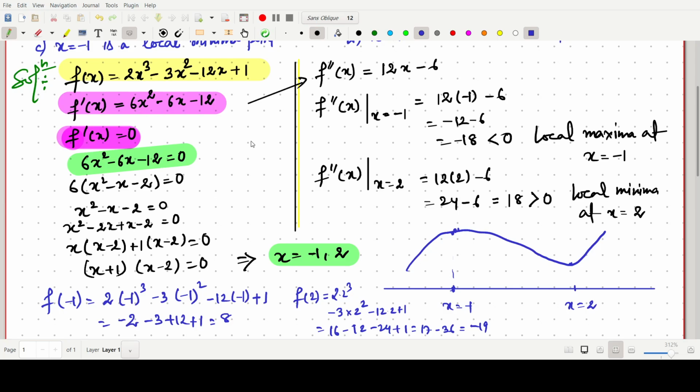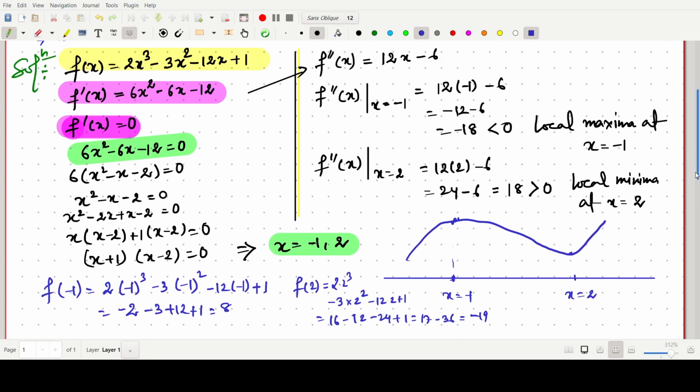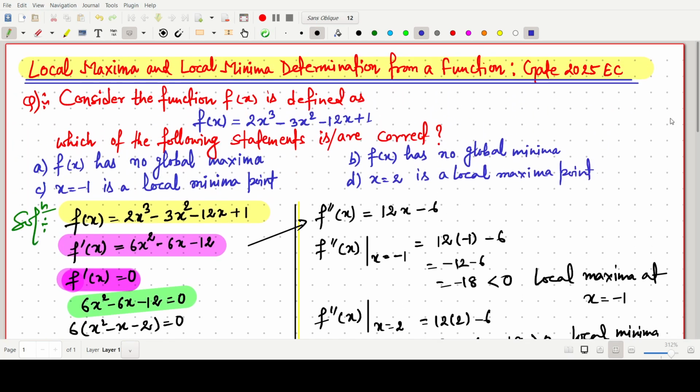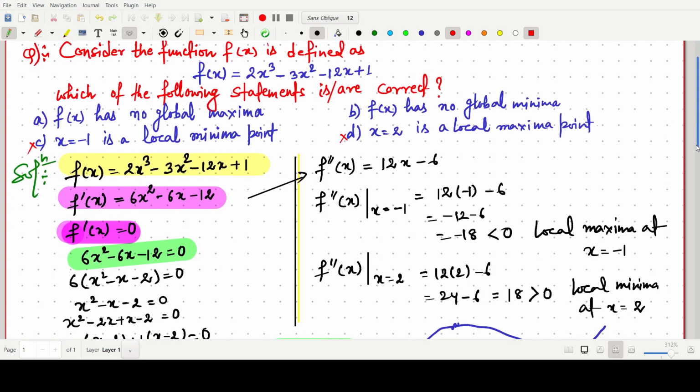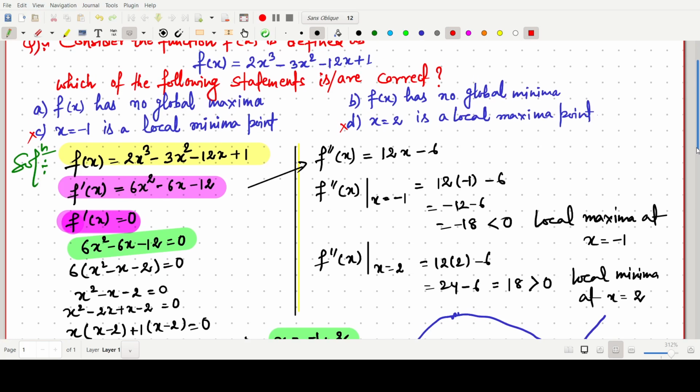But there is no boundary given, so it must have some local maxima and minima. So we can say these two are the wrong options as we already calculated. So f(x) has no global maxima, but it must have some maxima point which we can't say.